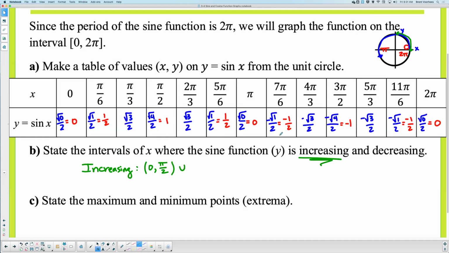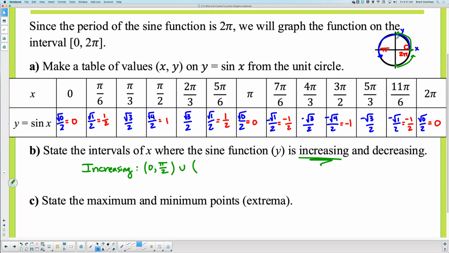And we also increase, as Giovanni said, so I want to do a union, from here going back up. So if you go all the way around, you've reached 2 pi. Where is this spot?